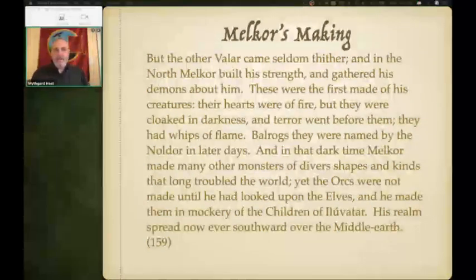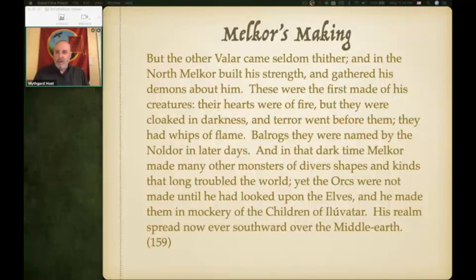He puts them together so they're more like golems, or more like robots, almost. But again, they're not robots either, because their programming is not a physical programming, it's a spiritual programming.